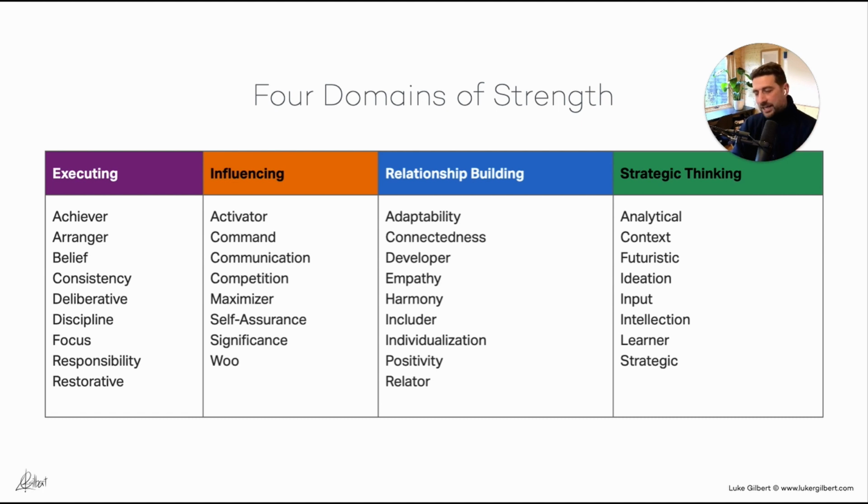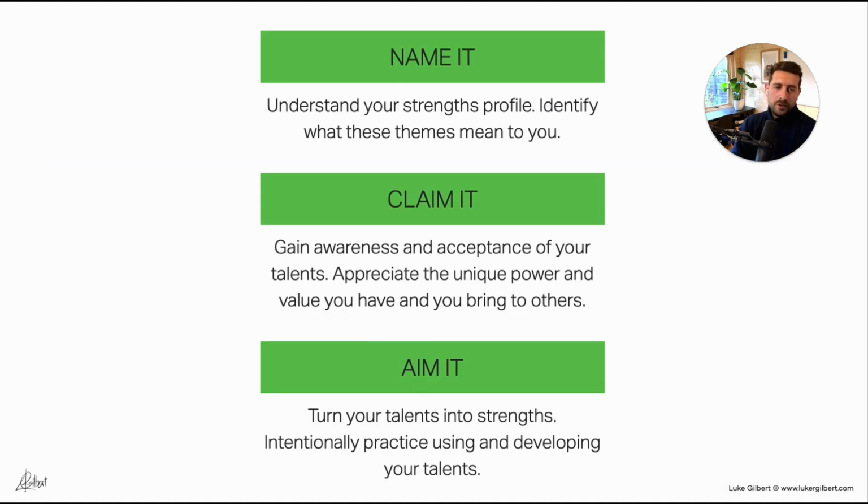The best way to be able to go through your CliftonStrengths report, and if you're working with me or with another coach, to work through really inputting your strengths into your life, it's a little corny, a little cheesy, but name it, claim it, and aim it.